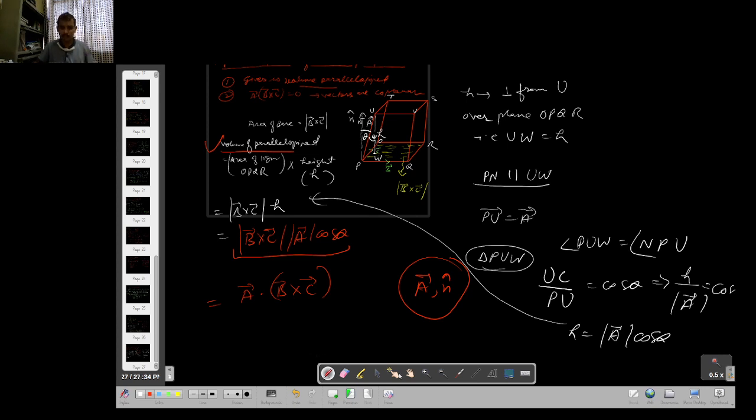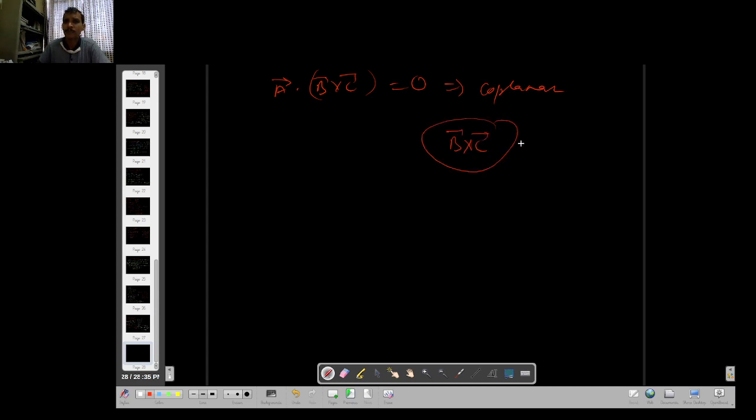Another thing which we have to keep in mind is that the vectors are coplanar. The second thing I am talking about is if A dot B cross C is equal to 0, which implies vectors are coplanar. So that means B cross C represents what? It represents area.